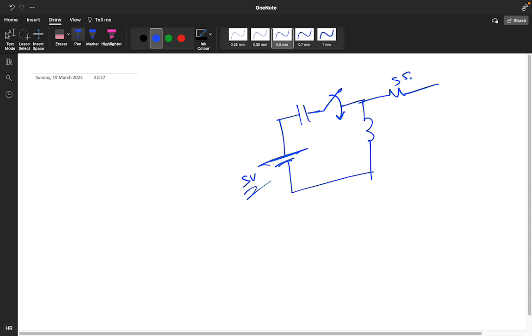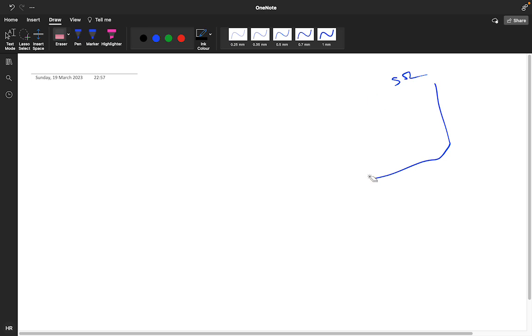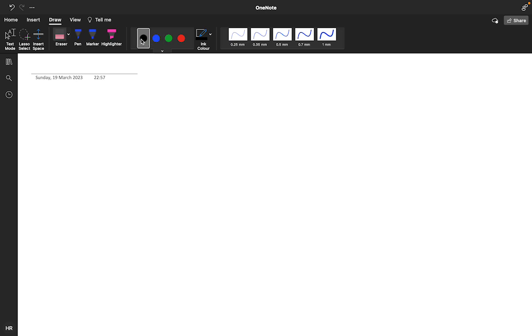This is my 5 ohm. When the switch is off, when the switch is on, you need to find the current. This is a very interesting part of the network, and you will enjoy this chapter. You will understand the actual role of capacitors and inductors, and why they are very useful.